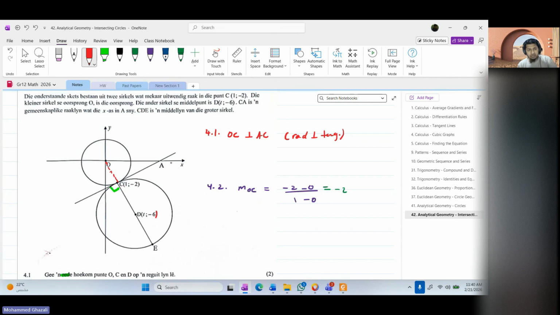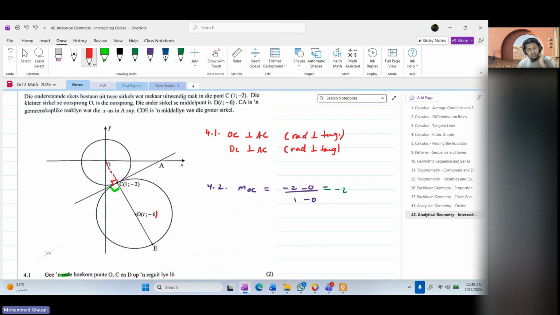I'm doing radius perpendicular to tangent, so obviously that part is 90. And DC is also perpendicular to AC, another radius perpendicular to tangent. So now OCD is a straight line.